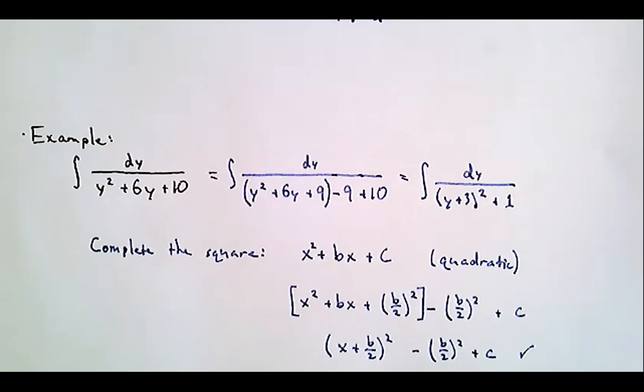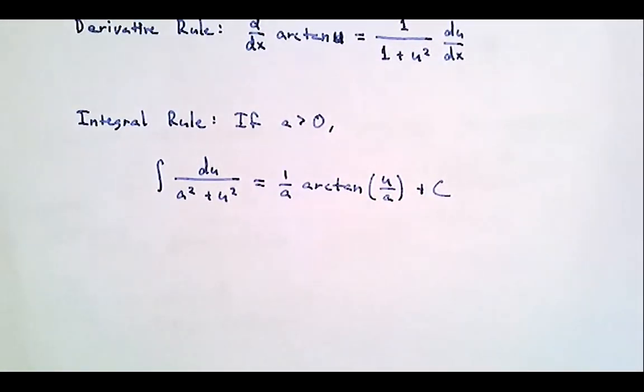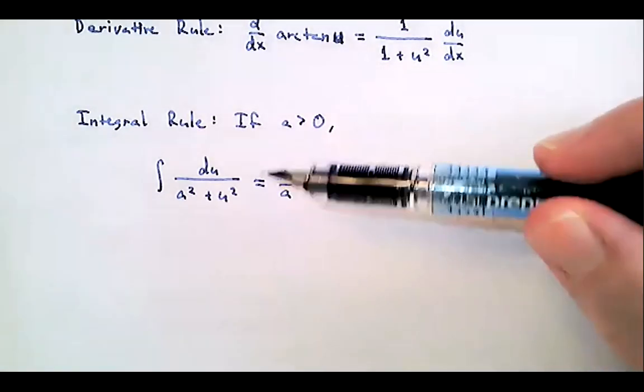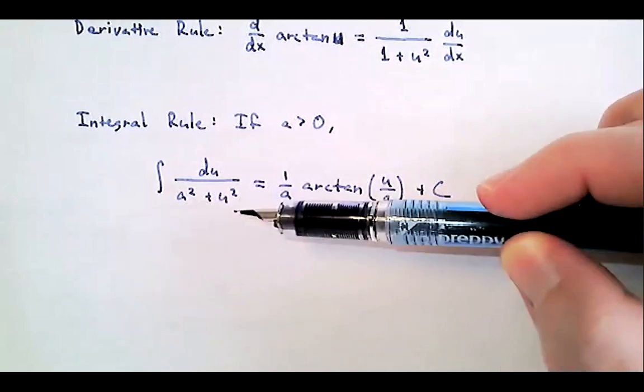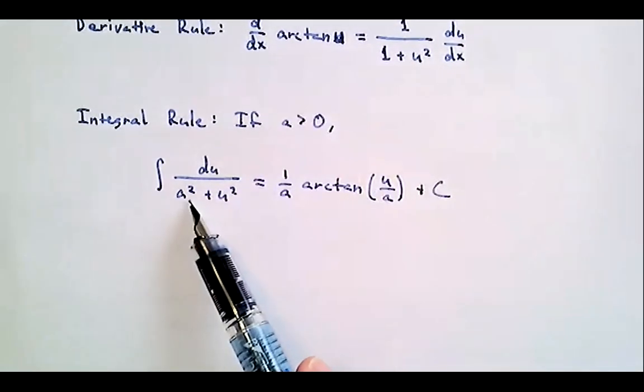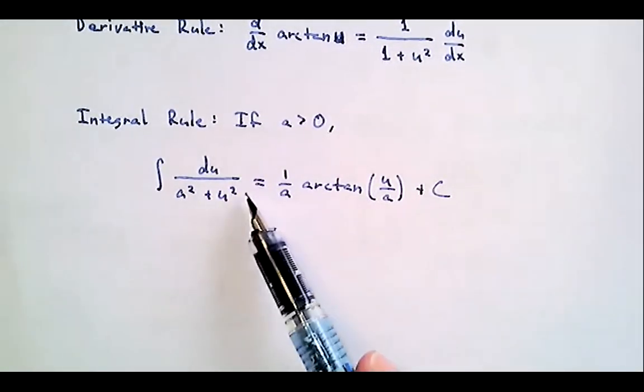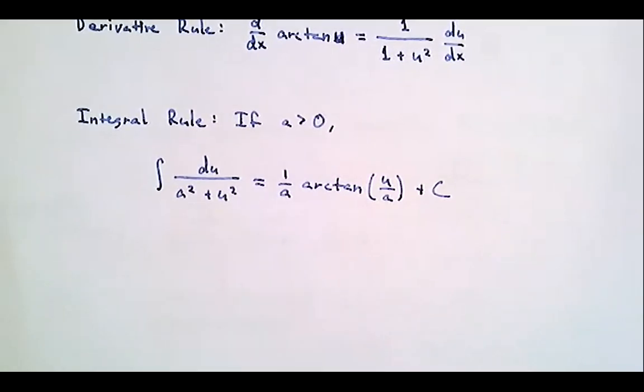Well, maybe we haven't had enough practice for that to be the case yet, but if we go back to our rule for tangent, we have du over a squared plus u squared, where a squared is just a number and u squared is a function.